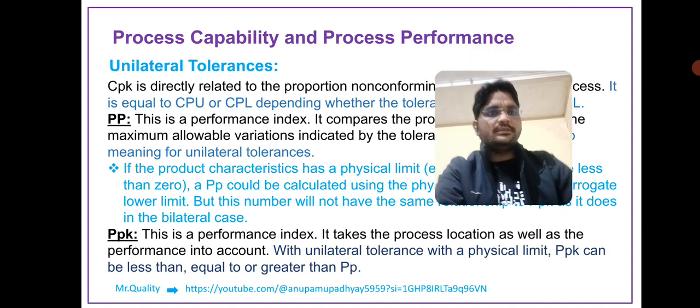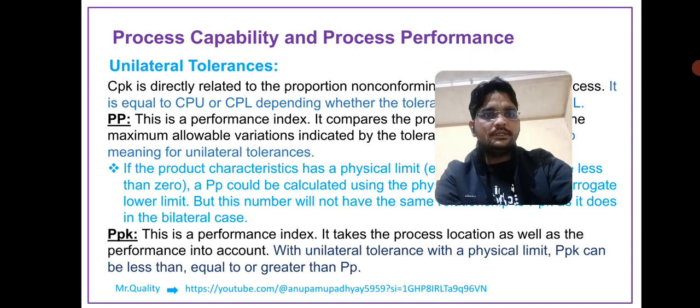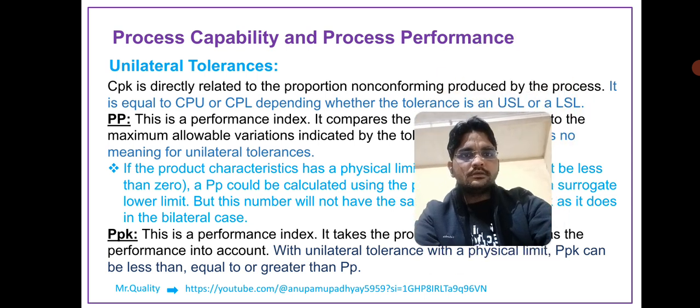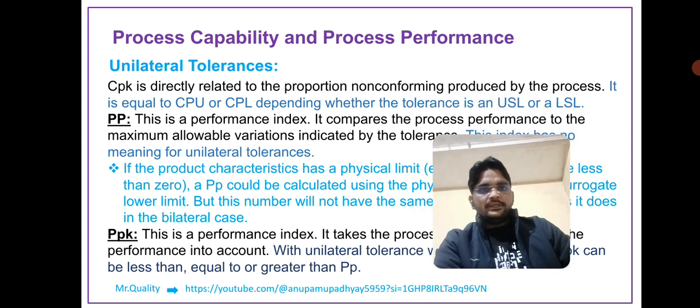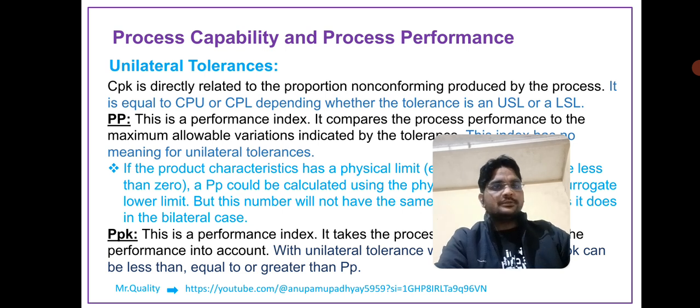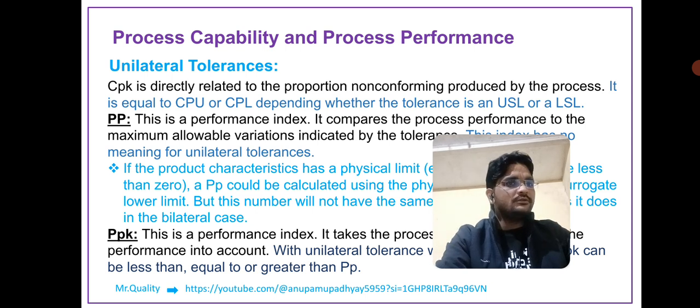For PP and PPK, it is the same. For unilateral tolerance, CPK is related to the proportion non-conforming produced by the process and is equal to CPU or CPL, depending on whether the tolerance is USL or LSL.